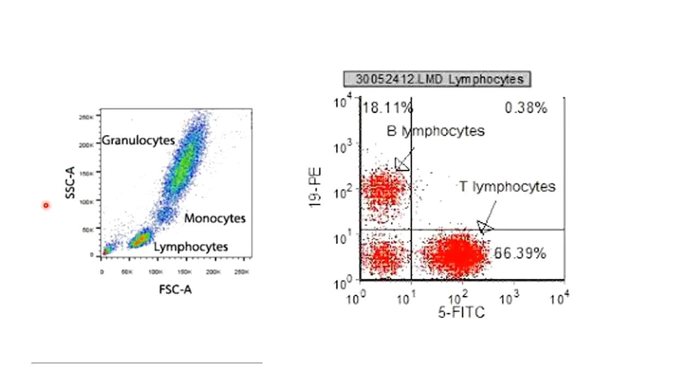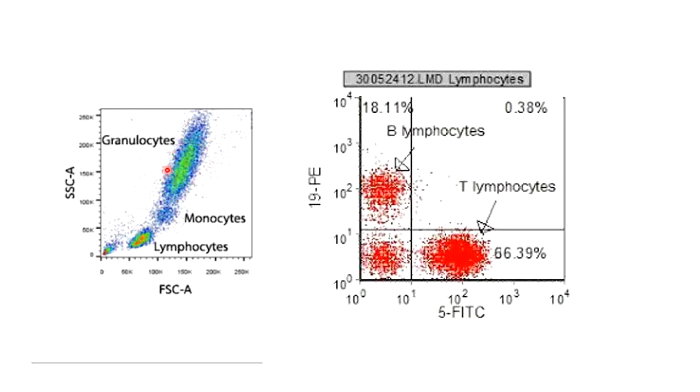Then on the y-axis we have SSC, that is side scatter. As soon as I hear the word side scatter, what comes to my mind is that the y-axis gives me information about the granularity of the cell. So the x-axis is size and the y-axis is granularity. Now, based on the values of FSC and SSC, we have different types of cells. Here one dot is equal to one cell.